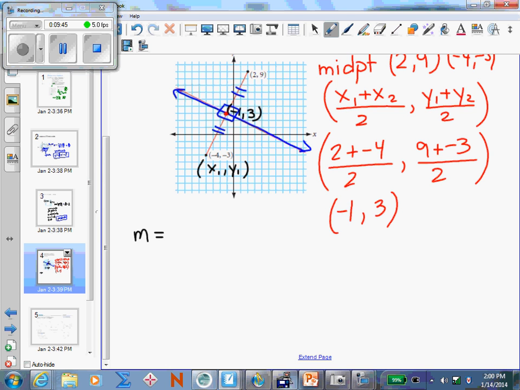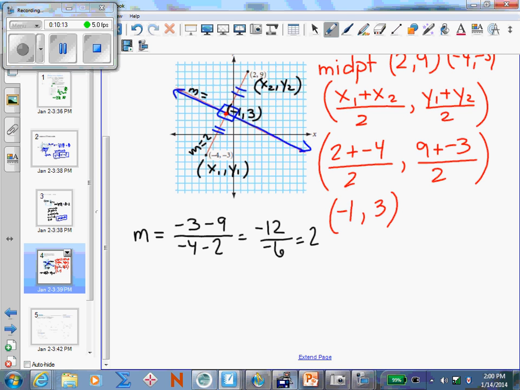So that means I'm going to have (-3 - 9)/(-4 - 2), or a slope of 2. So the slope of this line here is 2. So the perpendicular slope is the negative reciprocal, so that means the slope of the line we want to write the equation of is negative 1/2.